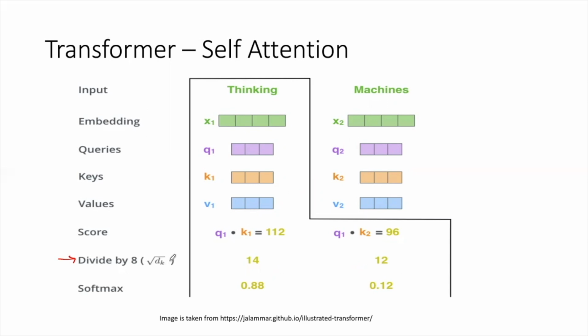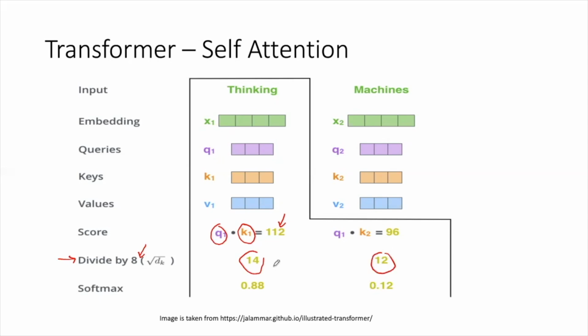Here it's 112, but let's say it is pretty large, because there is no constraint on what the magnitude of these vectors should be. So it could be possible that there's a large dot product. In order to bring it down, we divide by some constant. Once we do that, we have some scores that are generated.